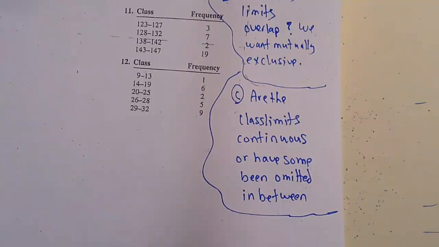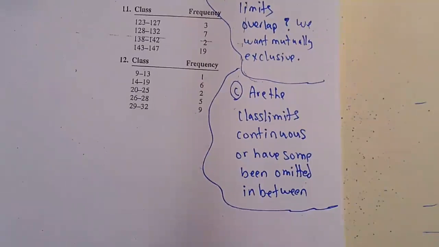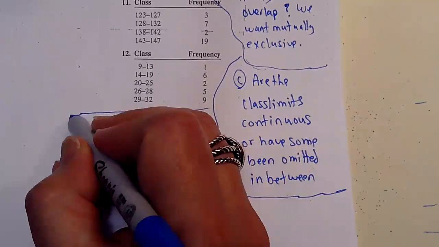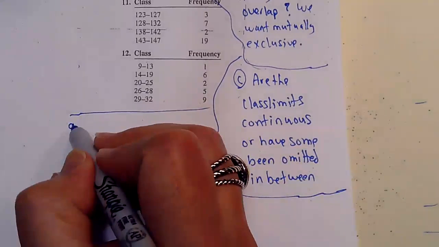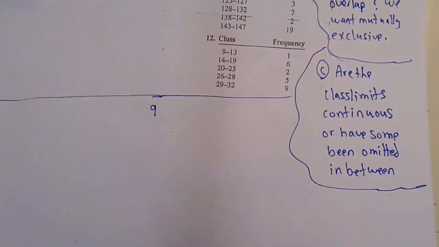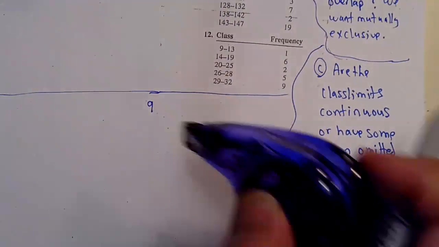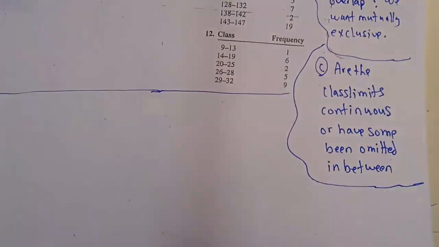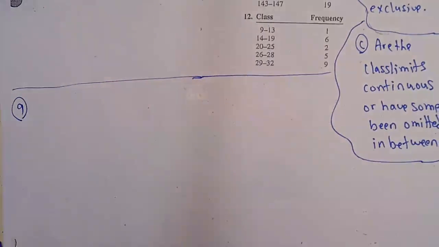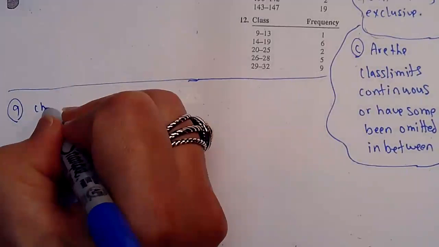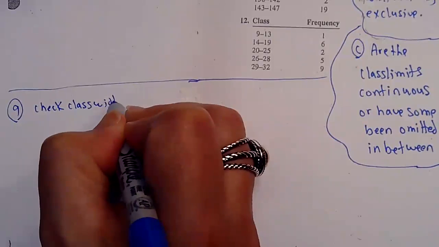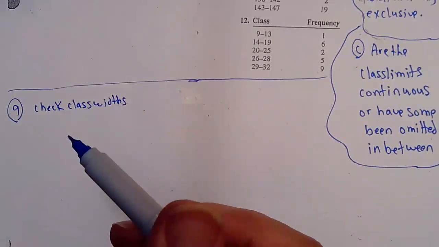Okay. So we go back to these and we look at number 9. I'm checking the class widths for number 9, so y'all can look at your number 9 there.